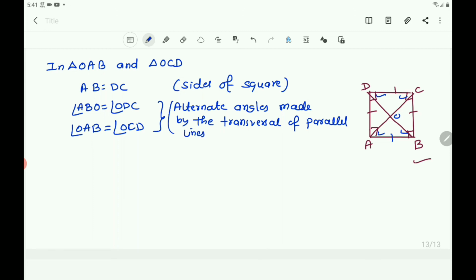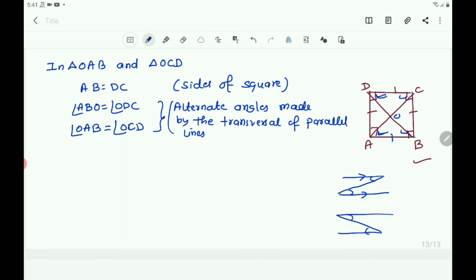Here you know that angle OAB is equal to angle OCD, as these two lines are parallel. And next, the angles ABO and ODC are like this.